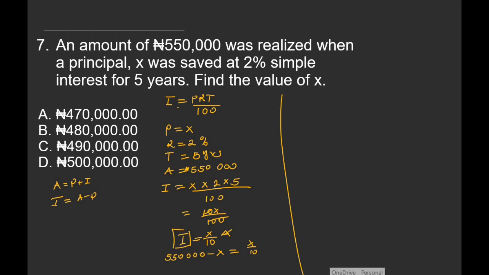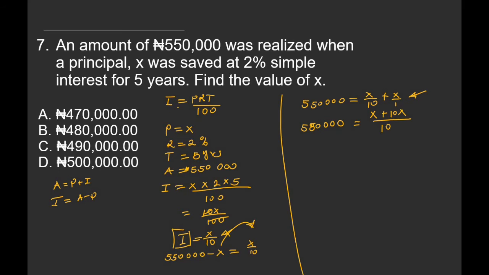Bringing the like terms together, I can have 550,000 equal to X over 10. This X can come here to become plus X. So plus X, and if you like, over 1. And this is equal to X plus 10x over 10. If you solve this addition of fractions here, you're going to get X plus 10x all over 10, still equal to 550,000 naira.